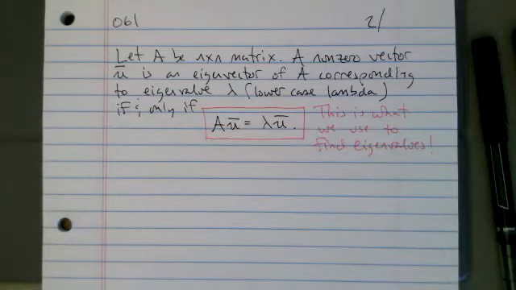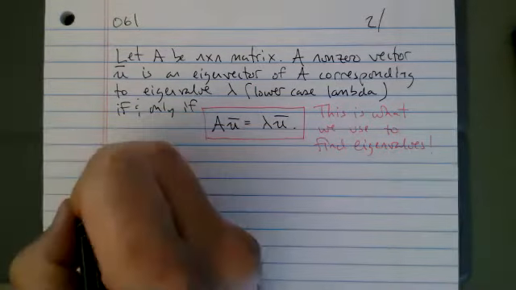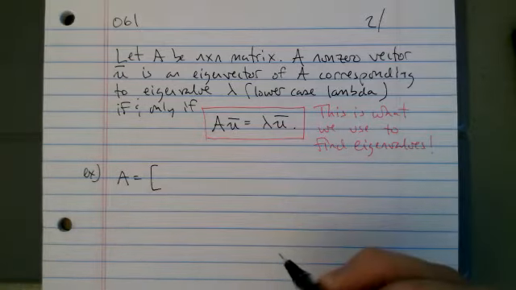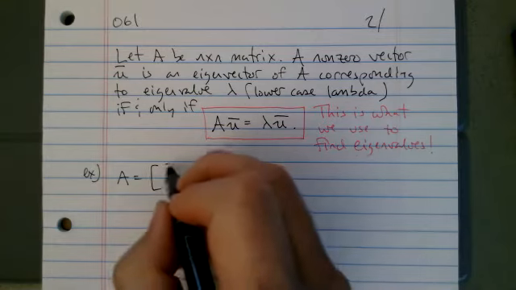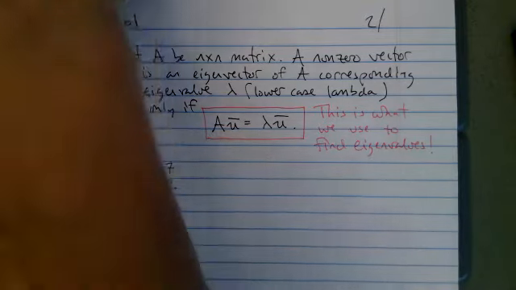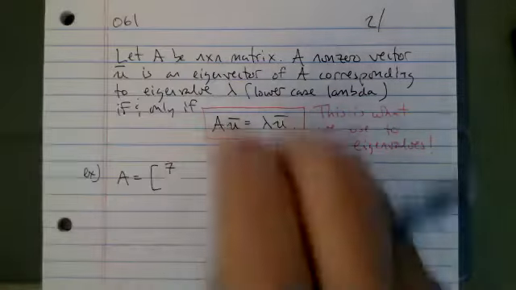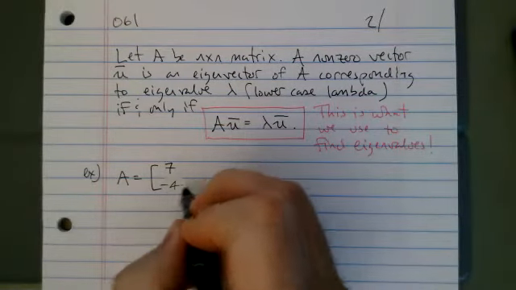So let's look at a matrix and let's find its eigenvalues. So let A be, I'm going to use the one where we already know one of the eigenvalues and the corresponding eigenvector: 7, 4, 2, 1.